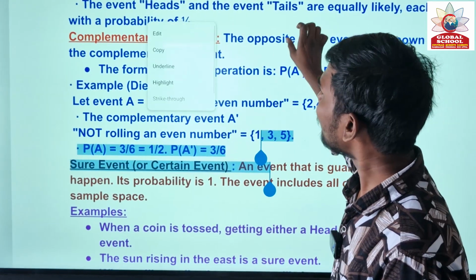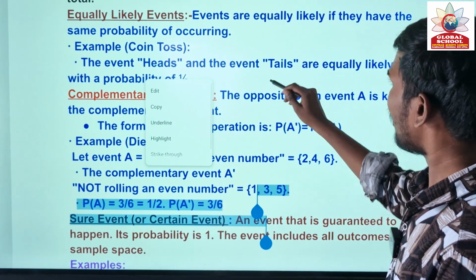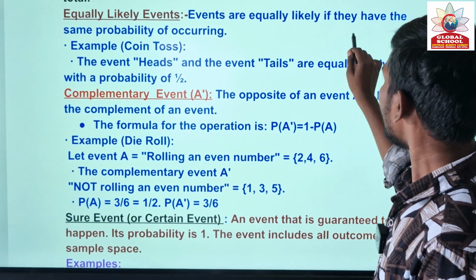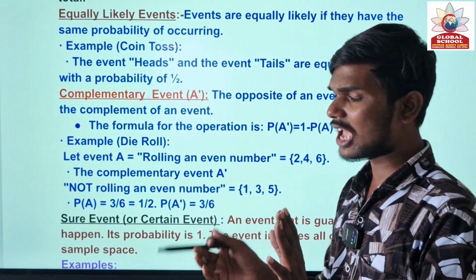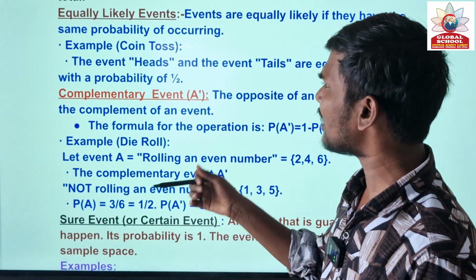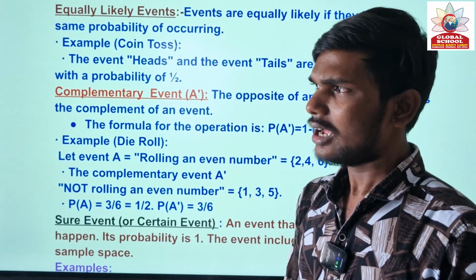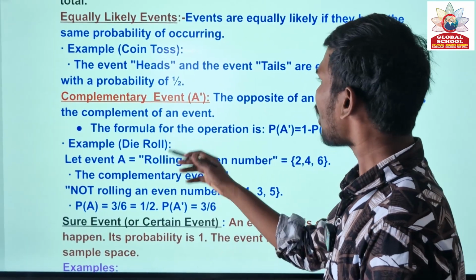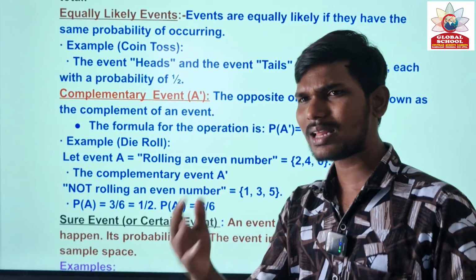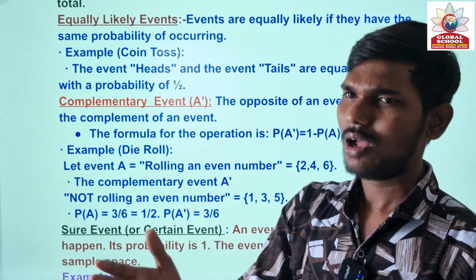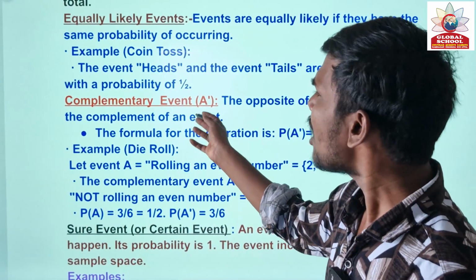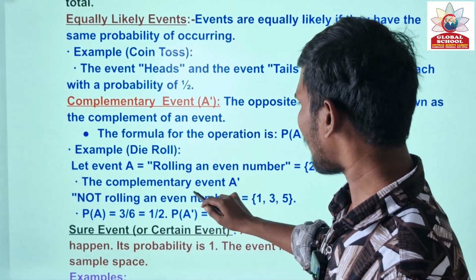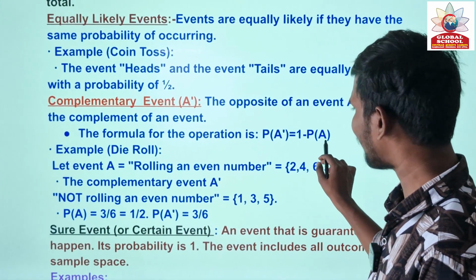Next, equally likely events. Events are equally likely if they have the same probability of occurrence. Suppose we toss a coin, it gets head or tail, each with the same probability 1/2. Complementary event: a complementary event means the opposite of an event A. P of A plus P of A complement is equal to 1.